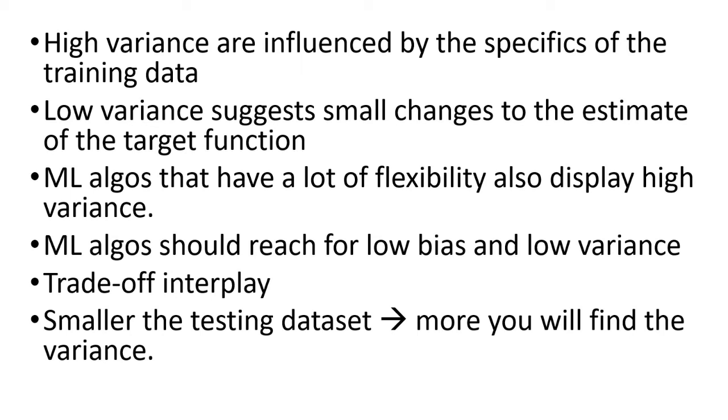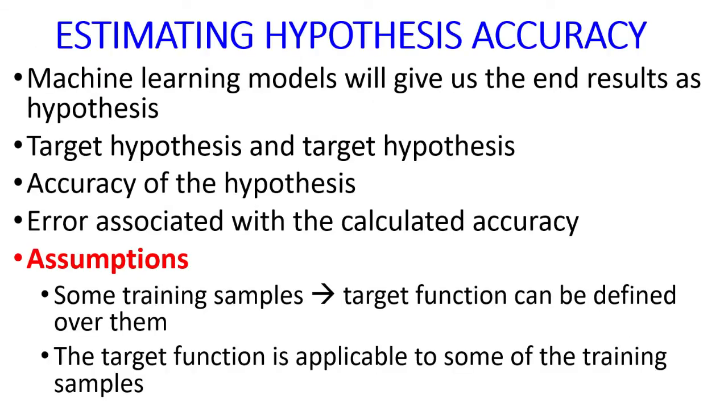Estimating the hypothesis accuracy. Machine learning models will give us the end results as hypotheses. We may obtain many hypotheses, which we call the hypothesis space.